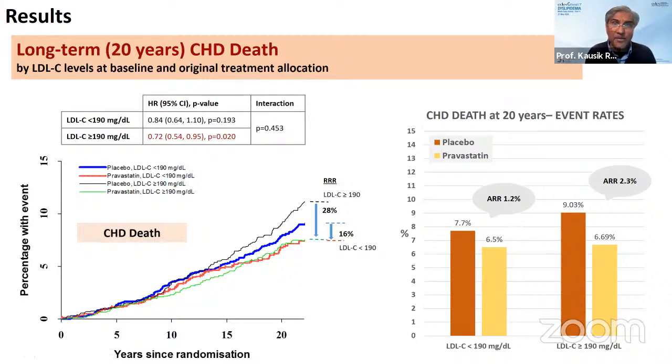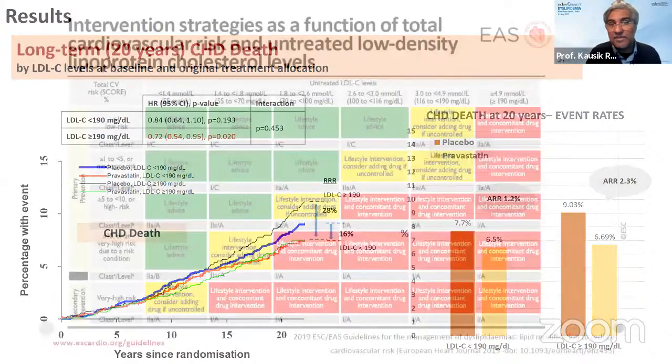In a primary prevention population, what you can see is about a 28% reduction in risk of dying from coronary heart disease. There's actually an 18% all-cause mortality reduction, because as you get older, having a higher LDL is more likely to expose you to vascular diseases, as you saw nicely in the previous presentation.